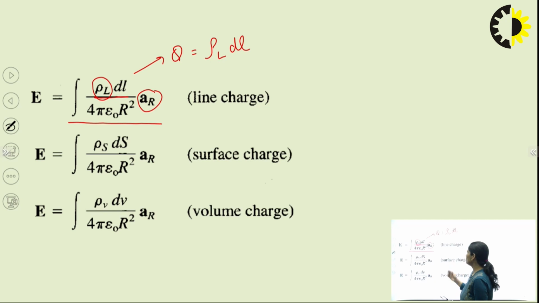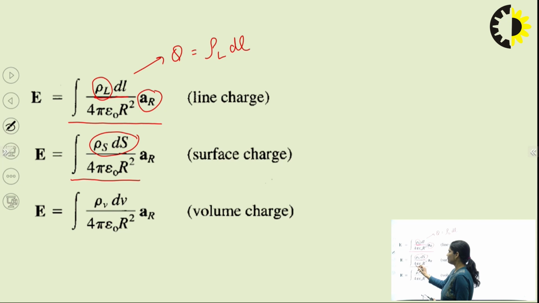Now, second case is surface charge. Electric field intensity in case of surface charge is equal to the integration of Q upon 4 pi epsilon naught r square unit vector of r. Put here the value of Q in case of surface charge, which is rho S ds.